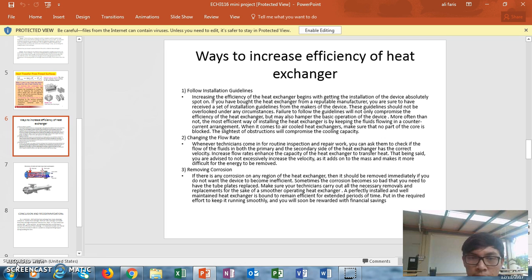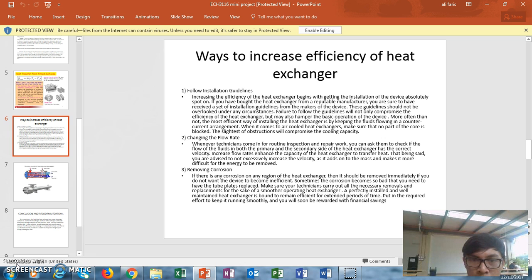Next, we can increase the efficiency of heat exchangers by changing the flow rate. Whenever technicians come in for routine inspection and repair work, you can ask them to check if the flow of fluid in both the primary and secondary side of the heat exchanger has the correct velocity.